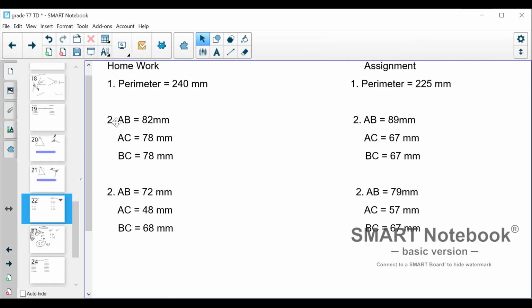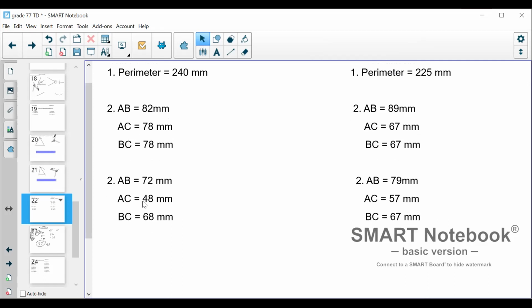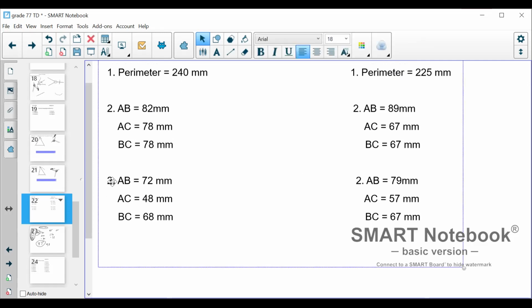The others, number 2, as you can see, they are isosceles triangles, right? Number 3, this should be number 3. I forgot to change that. Yes, so number 3, they are scalene triangles, right?